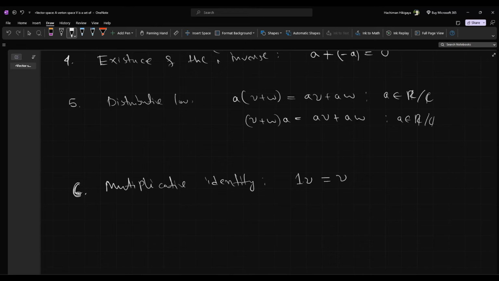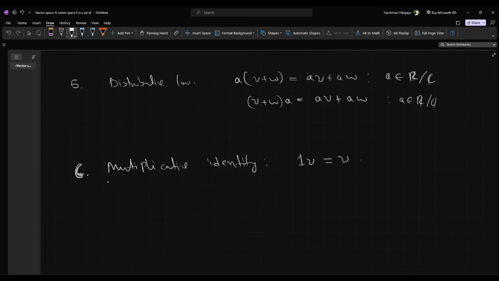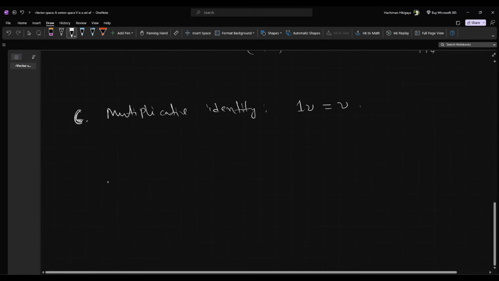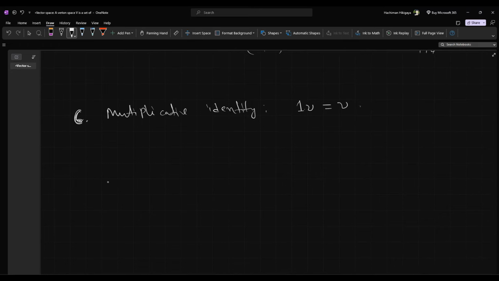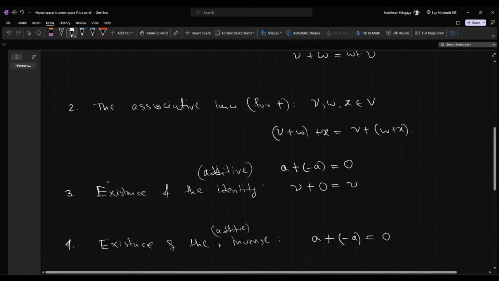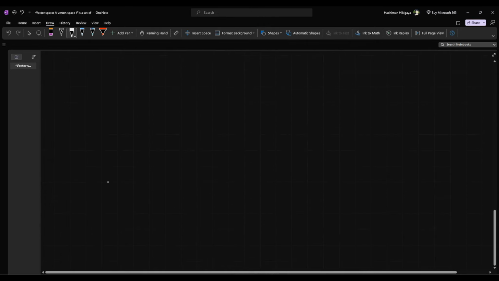So these are the properties of a vector space. Any set that follows these properties is called a vector space, and the elements of that space are called vectors.